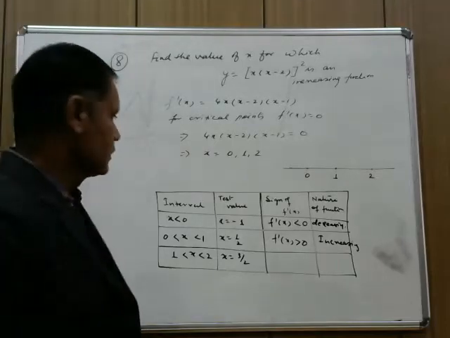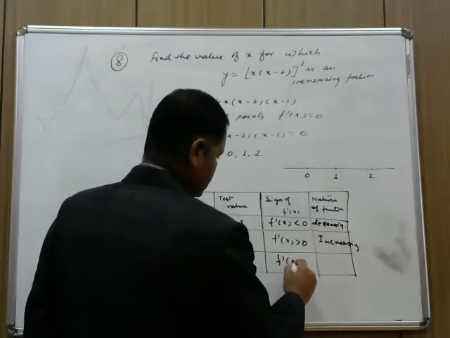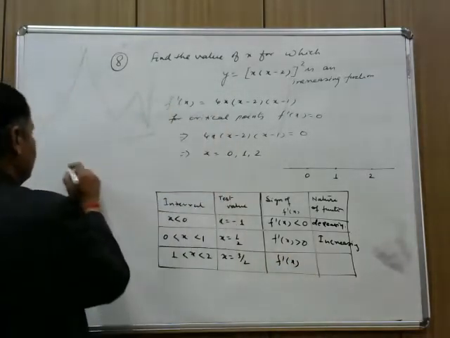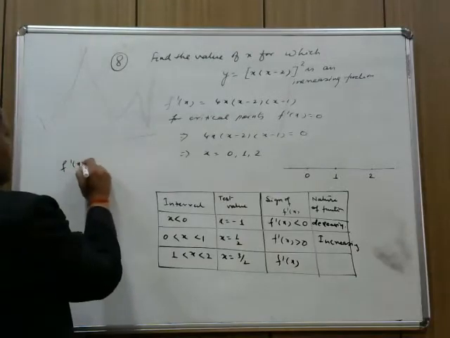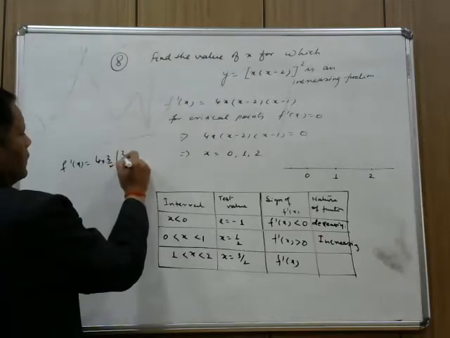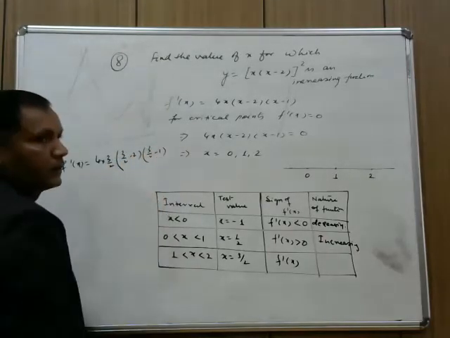Then if I put the value x equal to 3 by 2, we will get f dash of x equal to 4 into 3 by 2, 3 by 2 minus 2, 3 by 2 minus 1.